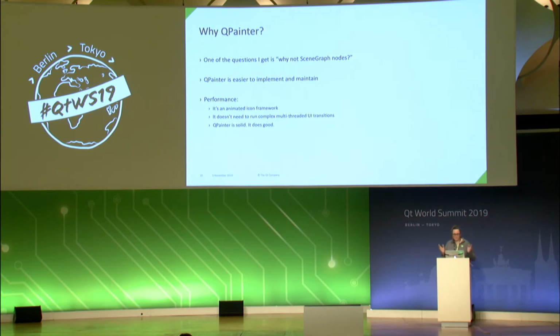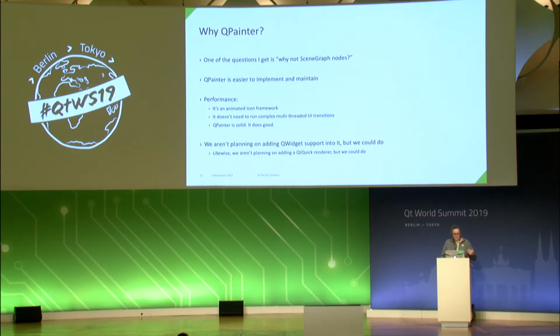It runs what it needs to run without any particular problems. Another bonus of using QPainter is that if we wanted to add widget support, we could fairly simply add QWidget support, which we couldn't do if we were using a scene graph node. So it should be fairly easy to use.